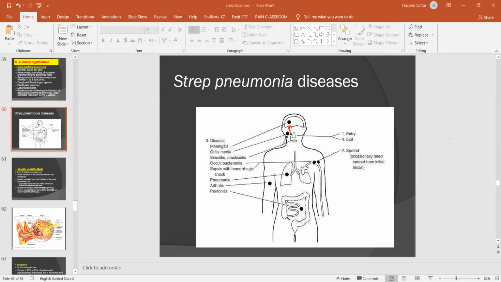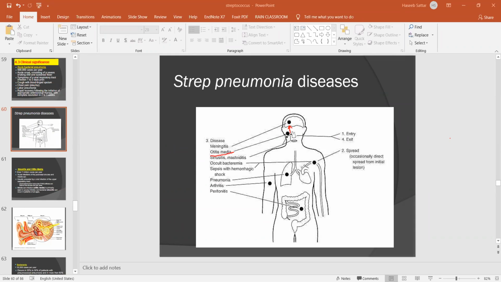So when it enters into the brain, it will cause meningitis. And in the nasopharynx there is also an opening of the ear canal, the eustachian tube. So when the bacteria enter into the eustachian tube, it may cause an ear infection. So ear infection is known as otitis media.